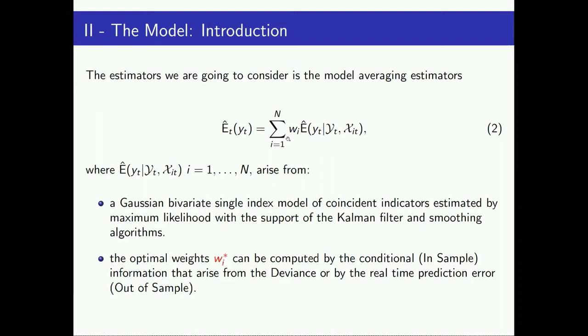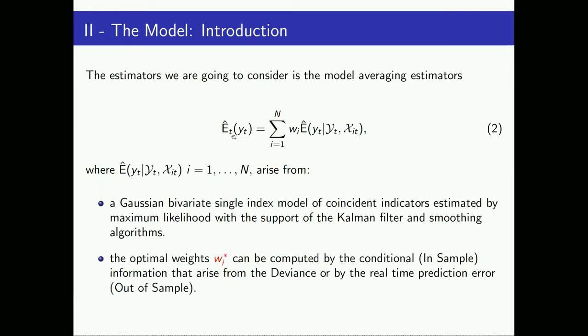Essentially, we need to weight all the estimates that come from each single model, and this is a classical problem in forecast combination. What we need is the optimal WI that allows us to produce the final optimal estimate.